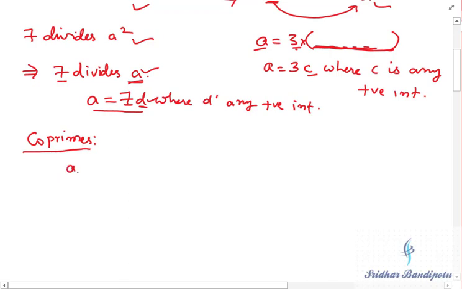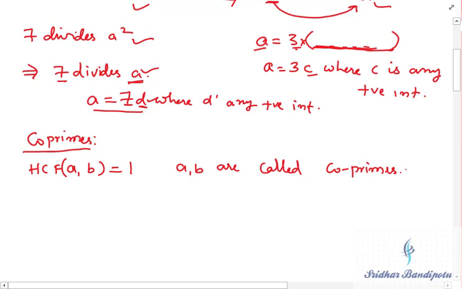If a and b are two given numbers, and the HCF of a and b equals 1, then a and b are called coprimes. Let's take an example, 4 and 5. What is the HCF of 4 and 5?